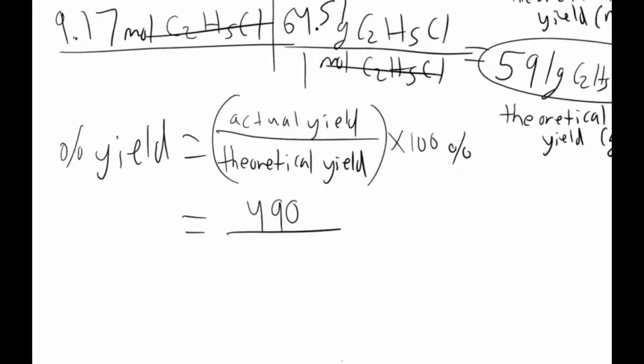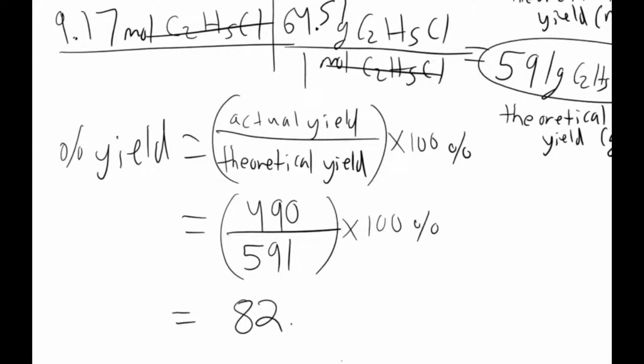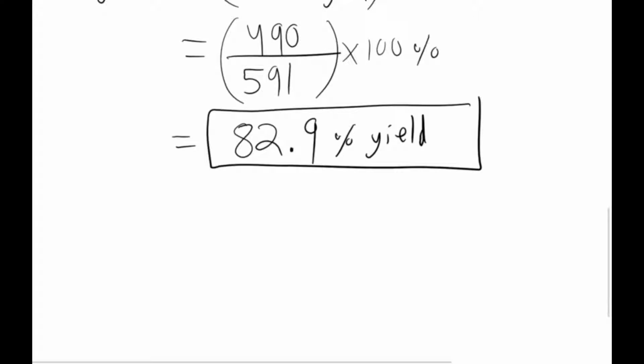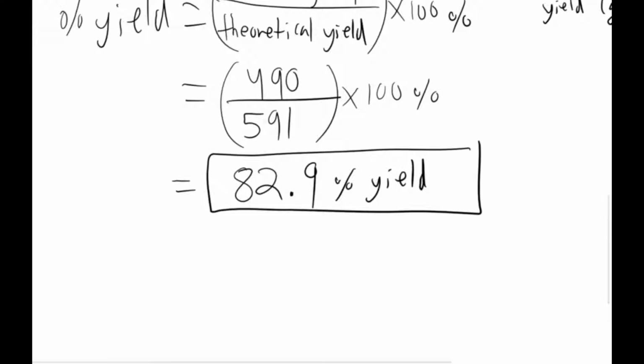The theoretical yield is 591. Multiply this by 100%, and we get 82.9% yield. So this is the efficiency of this chemical reaction as performed in this particular lab setting.